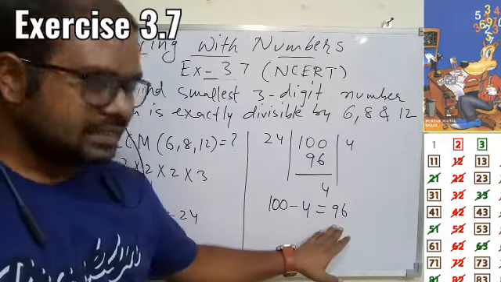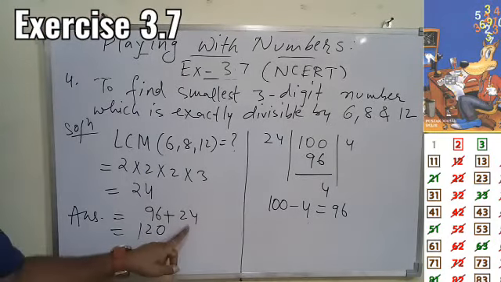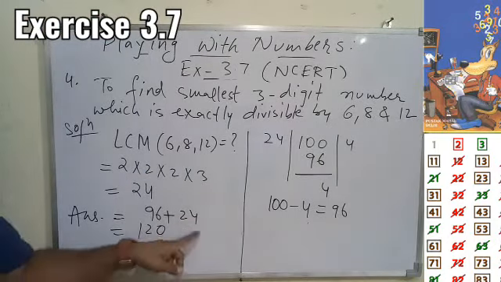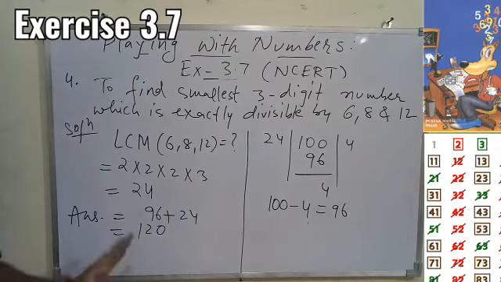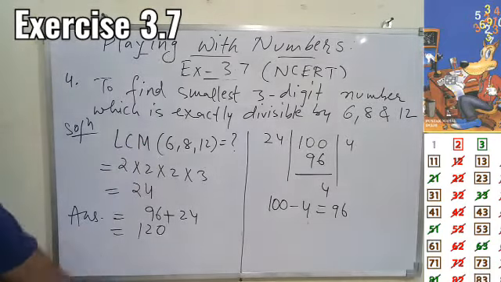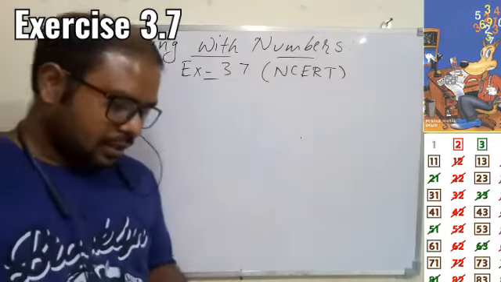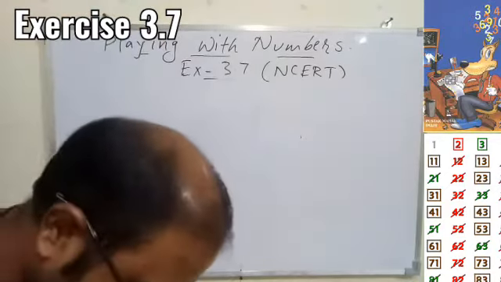But again, 96 is not a 3-digit number. So what is to be done? Next to 96 will be nothing but 96 plus 24, 120. So 120 is the least 3-digit number which is completely divisible by 6, 8 and 12. So I hope you understood the question. Next we are going for question number 6.